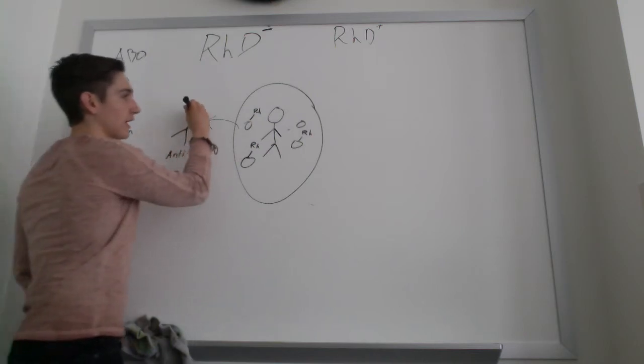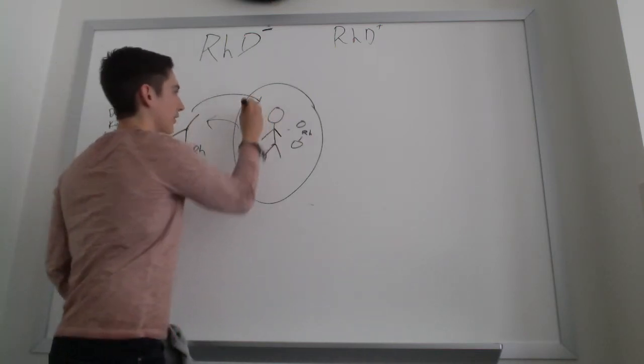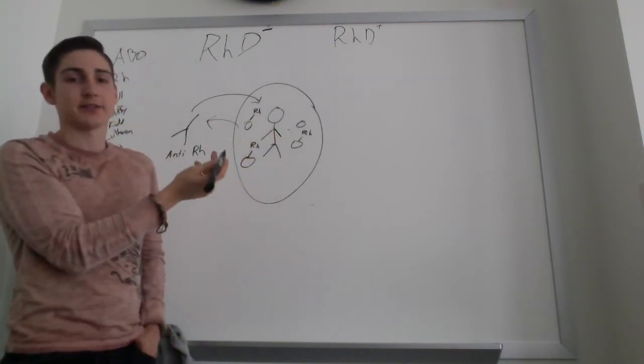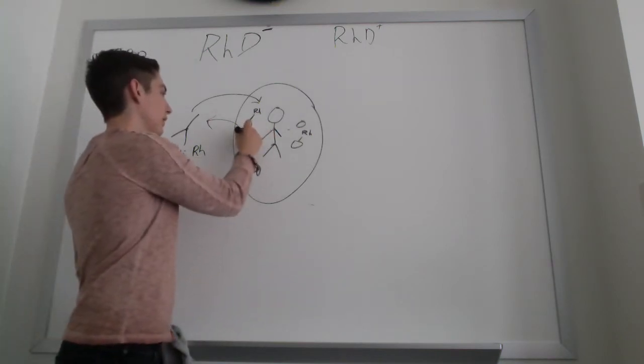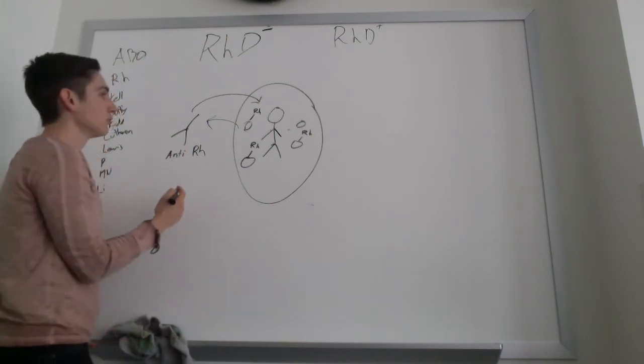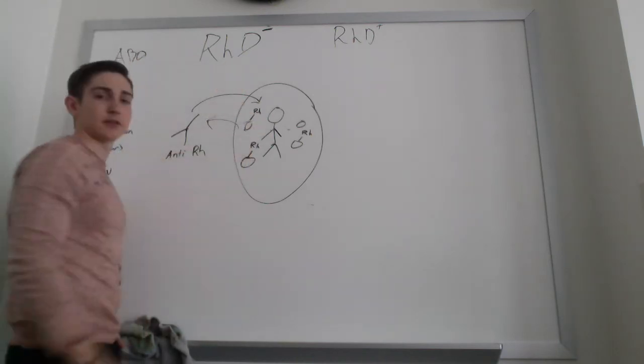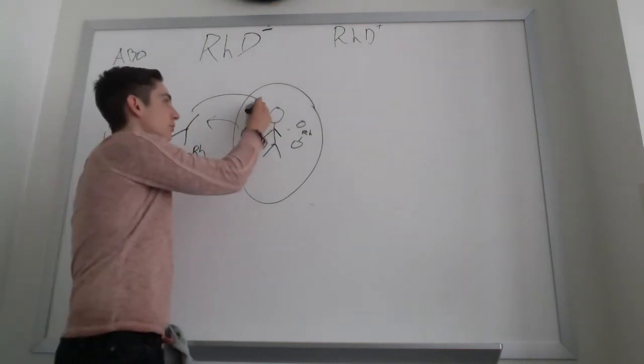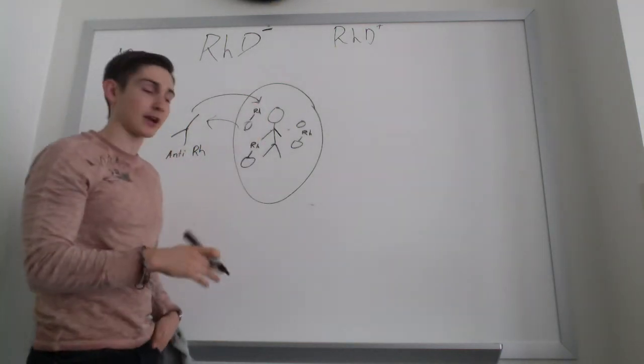These antibodies can then cross the placenta and attack the fetal blood, and this can cause an abortion. So if you know that the mom is Rh negative and the fetus is Rh positive, you'll have to give the mom some kind of immunosuppressant to prevent this from happening.